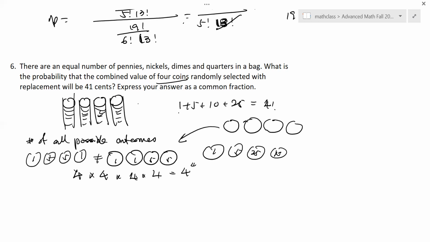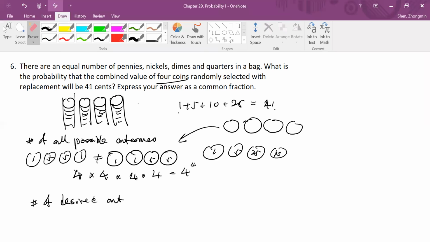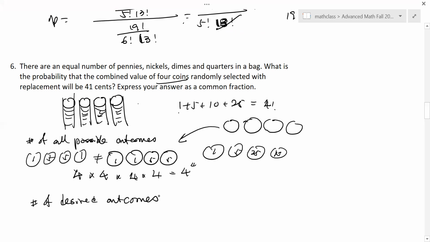Yes, all this counted here. So in total we have 4 to the 4th power. Then the number of desired outcomes: you can only get 4 different coins, but those 4 different coins can be in different positions.